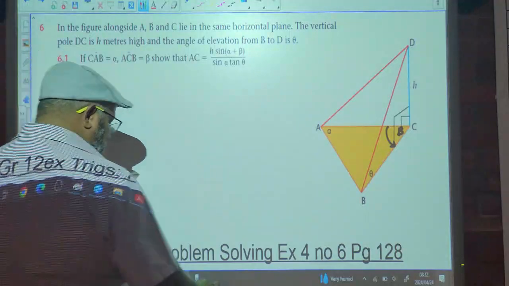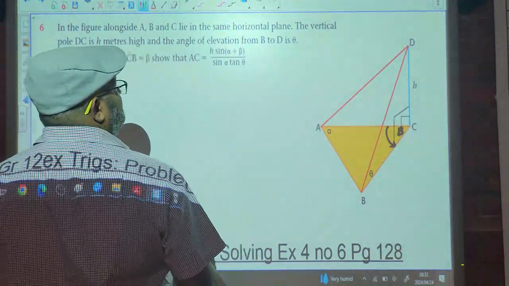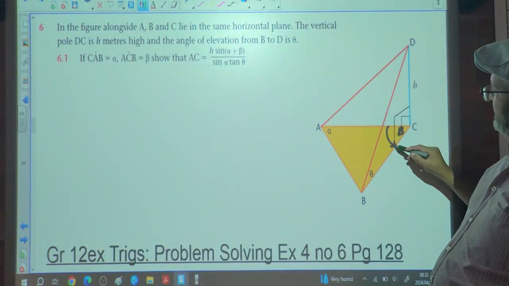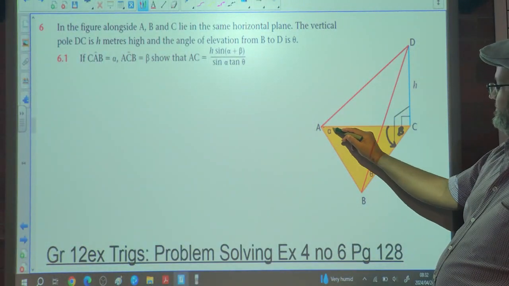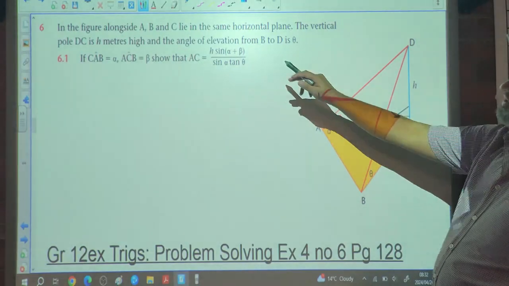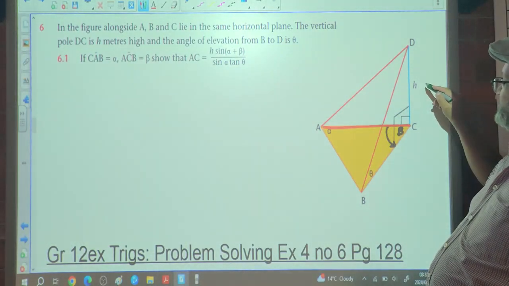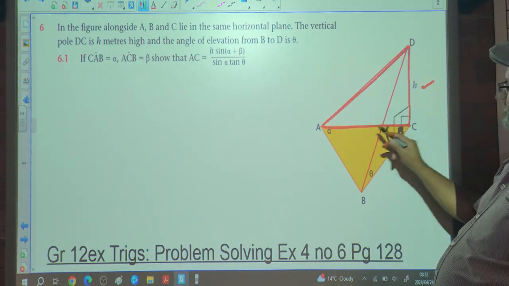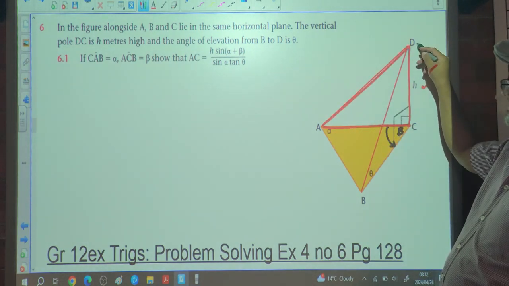The question says show that AC is denoted as. So where's AC? Yeah, that's AC. It's denoted as H. So where I'm getting H, I must pick up this here. So of course I have to work in this triangle here, which is ACD.